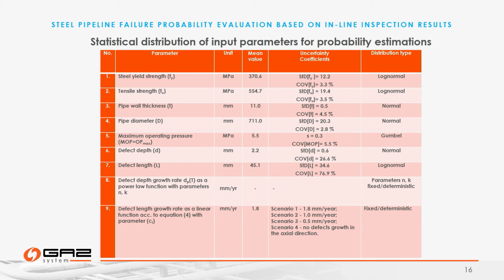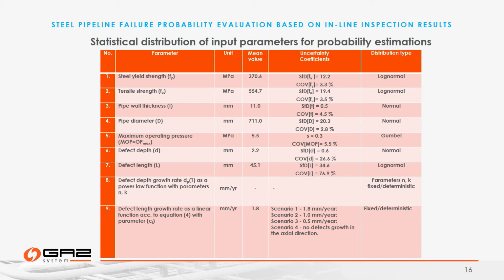And the same is with pipe wall thickness. The nominal wall thickness, also mean value, is 11 millimeter, and the standard deviation 0.45, and coefficient of variation 45.5%, and it has normal distribution.